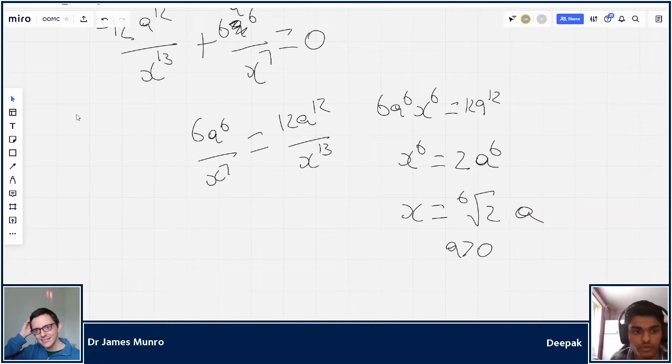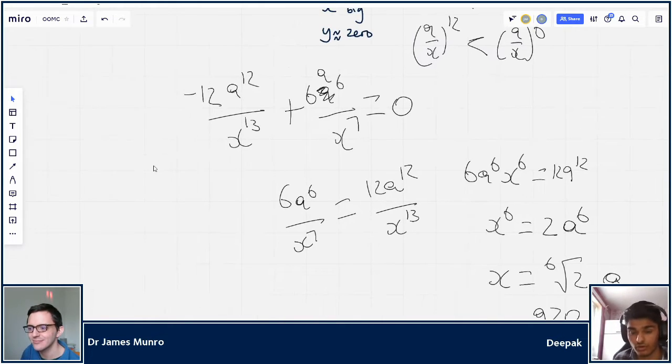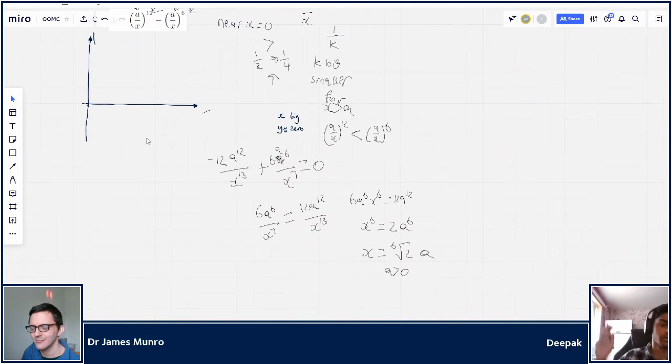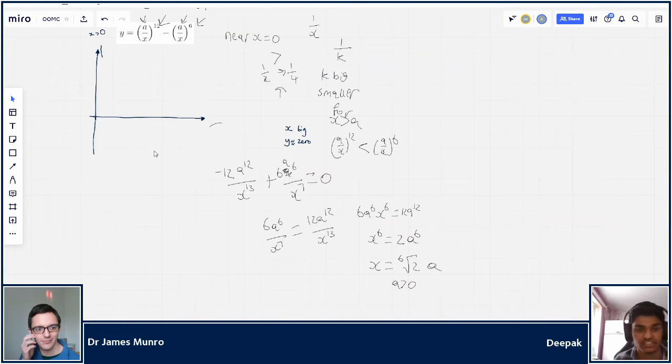We know there is a turning point. Let's see what happens if we plug that in, because this is our turning point. That'll tell us whether maybe it's super high up, maybe it's super low, maybe it's literally on the axis. Who knows? Let's try plugging in x equals the sixth root of 2 times a.